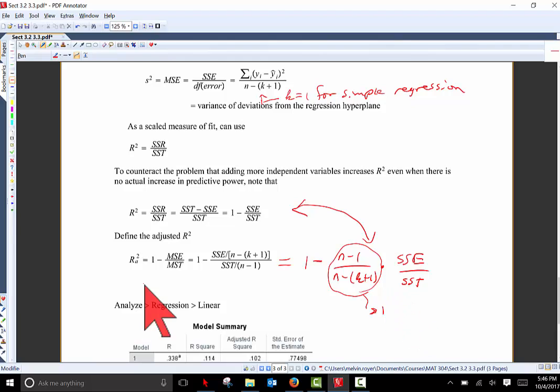In other words, R squared adjusted is going to be less than R squared. And this is what you want to have happen. You want to counterbalance this artificial effect of R squared increasing. So R squared adjusted doesn't increase, or doesn't increase as much as R squared. And so this is what you use.